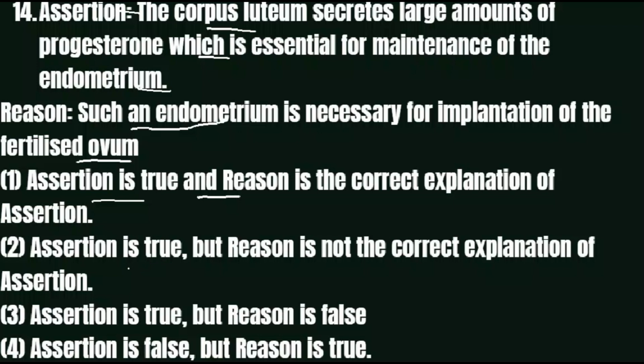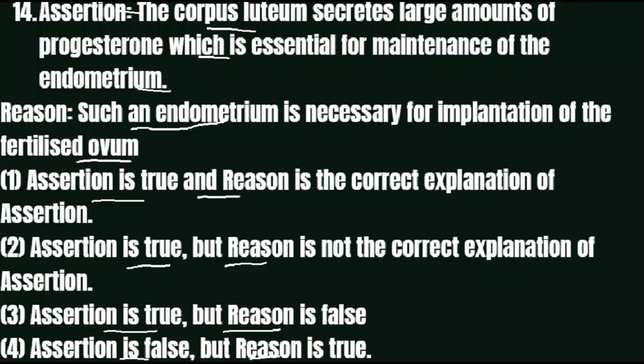Option 2 says assertion is true but reason is not the correct explanation of assertion. It should be assertion is true, reason is also true, but reason is not the correct explanation of assertion. Option 3, assertion is true, but reason is false. Option 4, assertion is false, but reason is true.